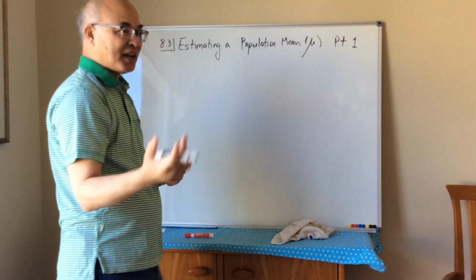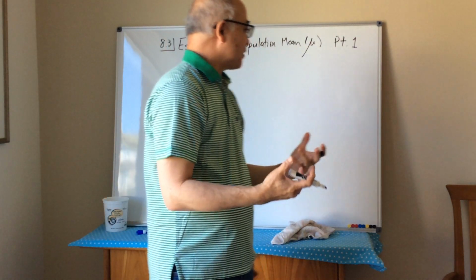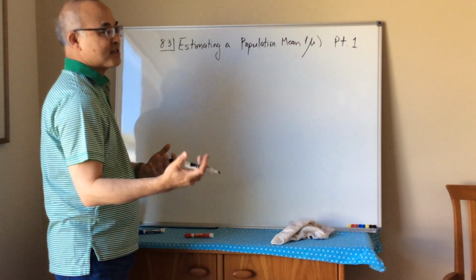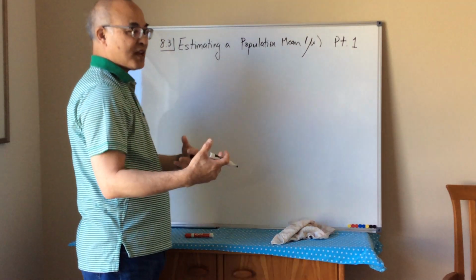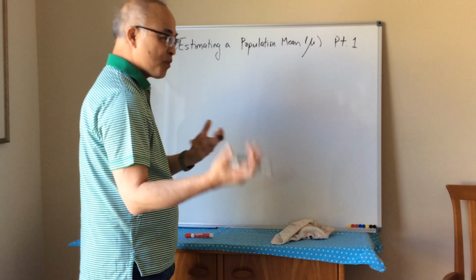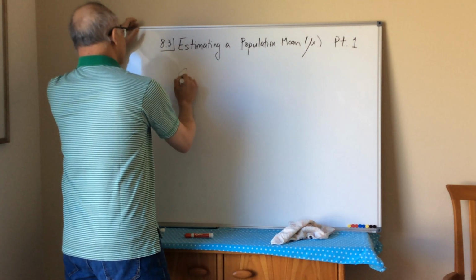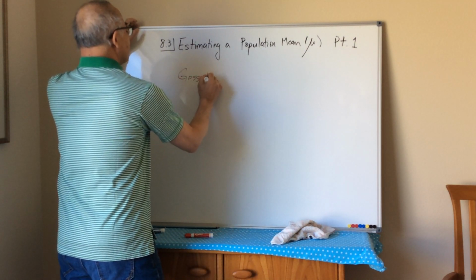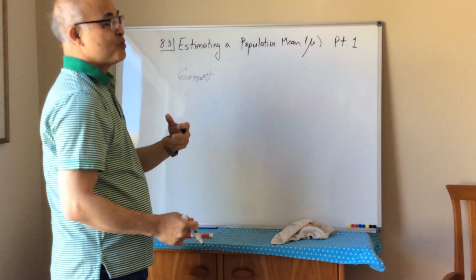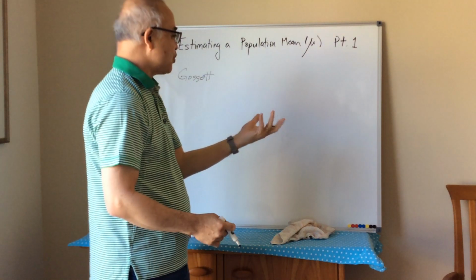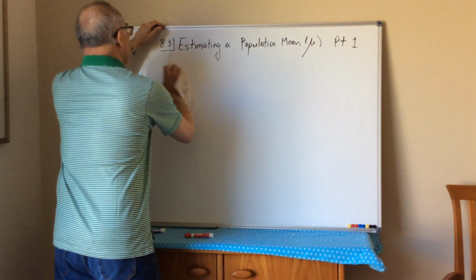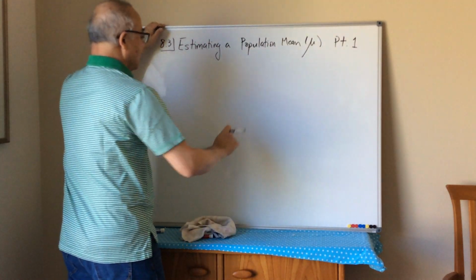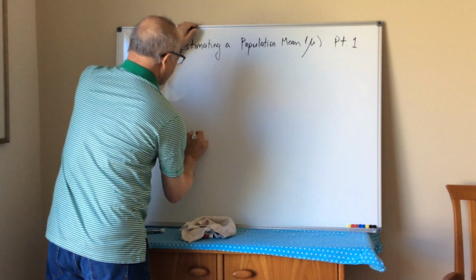He was skeptical about how his research was going to be accepted, so he used a pseudonym. He didn't use his real name, which was Gossett. He made up the name Student, and he called it the student t distribution. That's why it's called that.